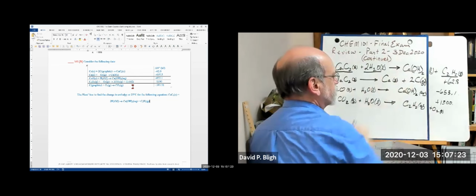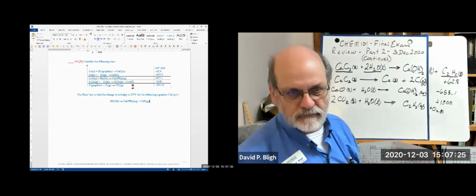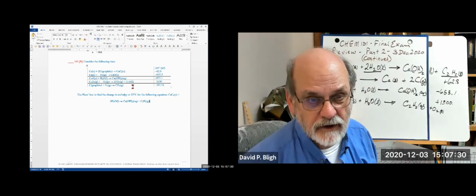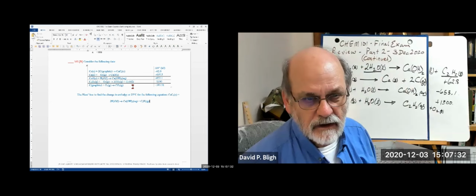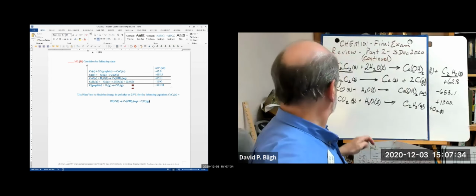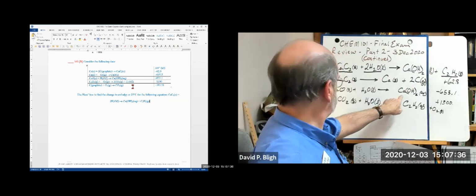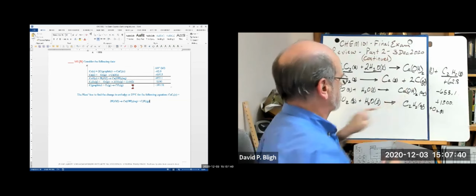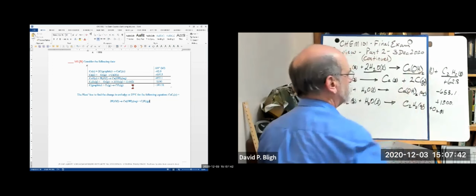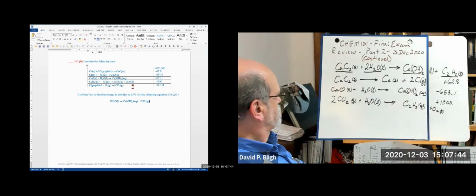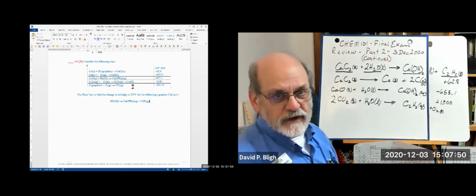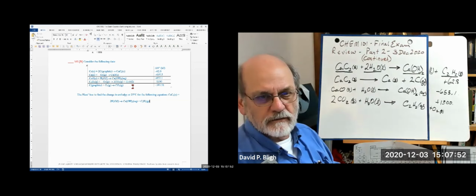And now we need calcium hydroxide. Calcium hydroxide, we skipped it somewhere. No, wait a minute. There it is, calcium hydroxide. Okay. So we only needed 3 of those. We didn't need all of them.